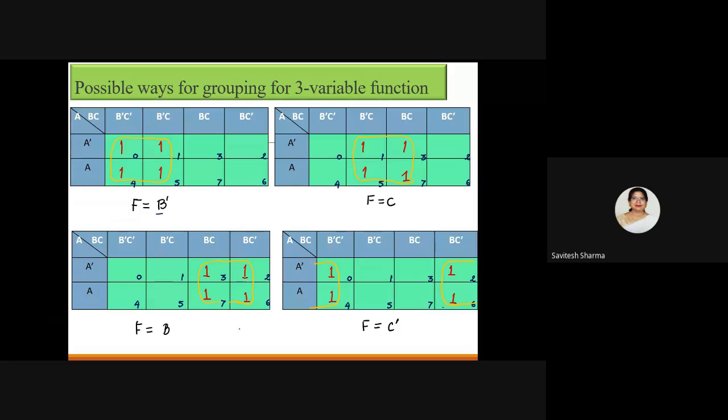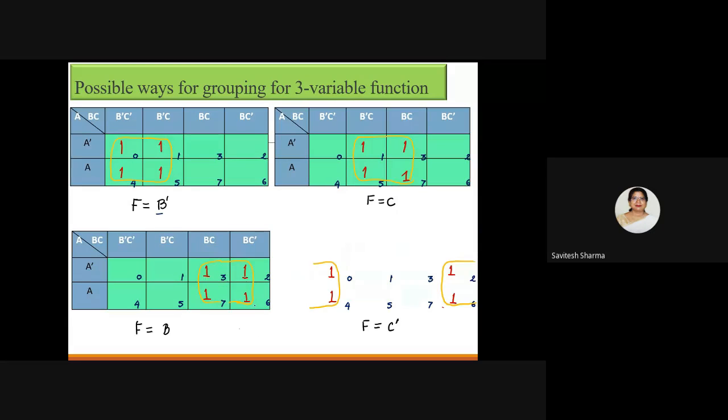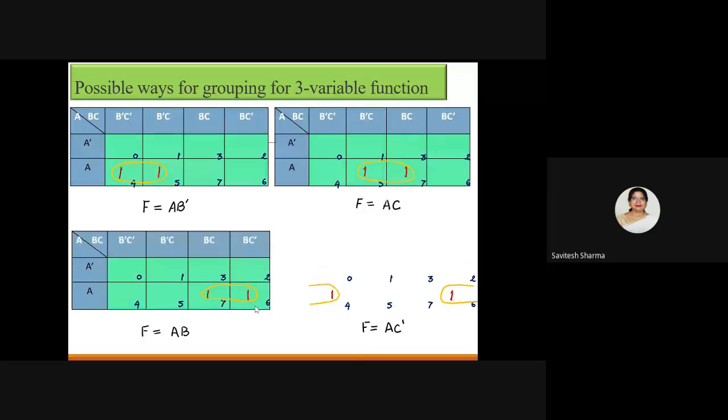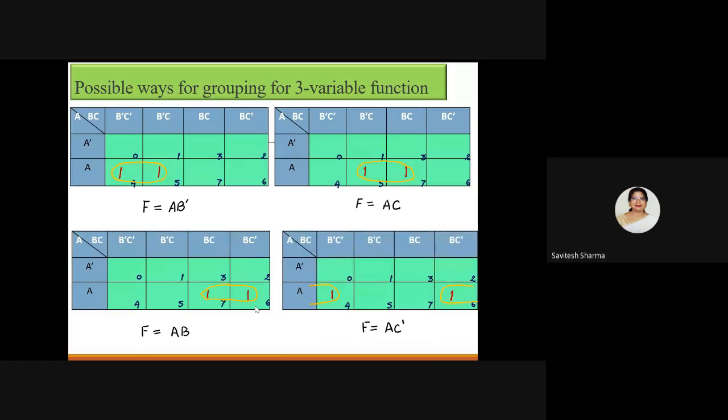how many variables can I remove? In the previous case, in every expression, how many literals was I writing? Total variables are 3, but once I am doing pairing, how many variables are now in the expression? 2 variables. So if I am doing pairing, I have 2 literals in each expression.